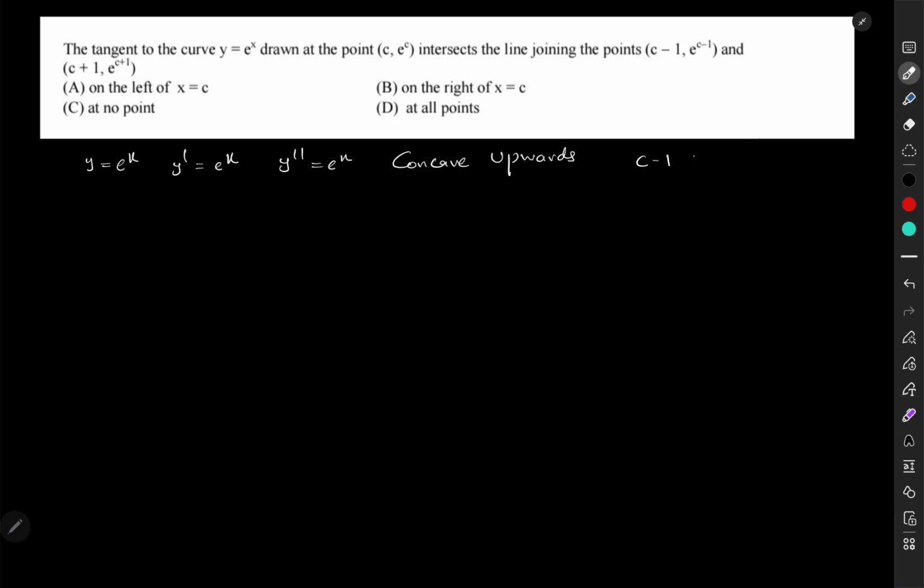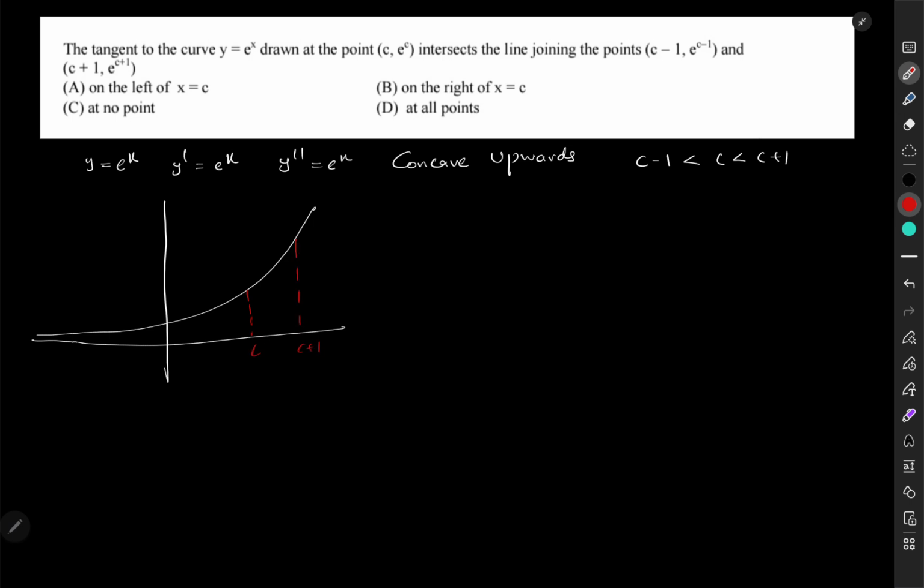And it is clear that c minus 1 is less than c and less than c plus 1. Okay, so if you take this graph like this, and I take this as c, this as c plus 1 and this as c minus 1, then this point is c plus 1, e raised to c plus 1, this is c, e power c, and this is c minus 1, e raised to c minus 1.